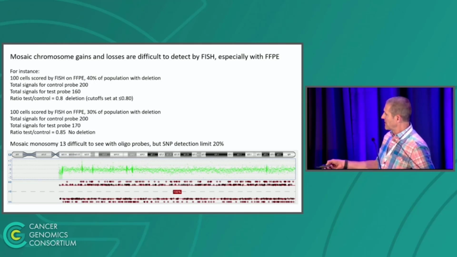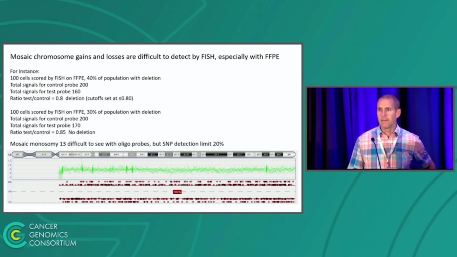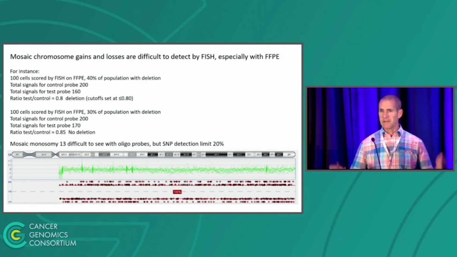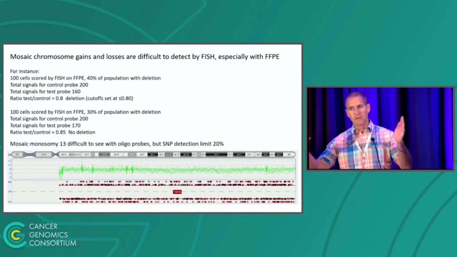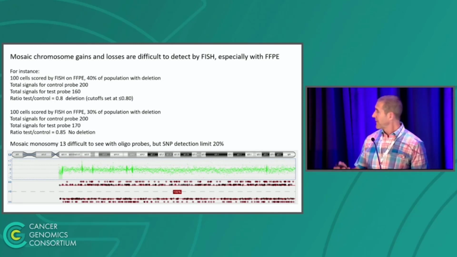We're missing the middle track, the AB allele track, and so this is a mosaic loss. But we're not detecting it just using the oligonucleotides, so the SNPs are massively helpful when we have low-level mosaicism. The detection limit for the SNPs is around 20% because they tend to bin at 0 to 0.2, 0.4 to 0.6, and 0.8 to 1.